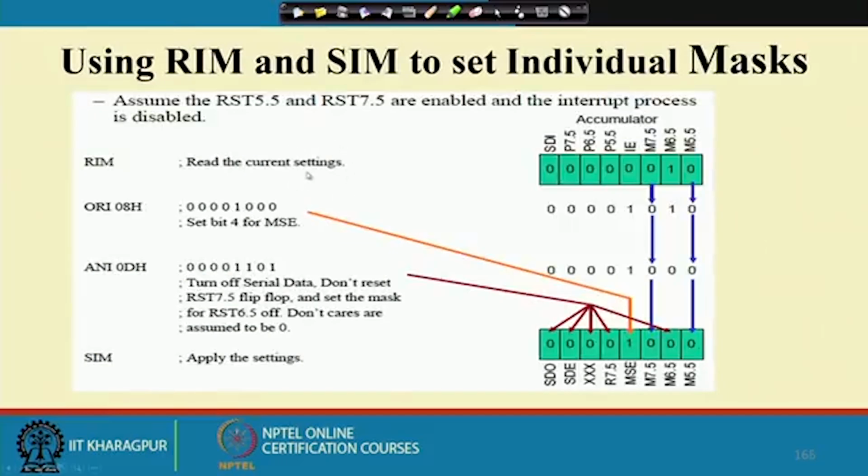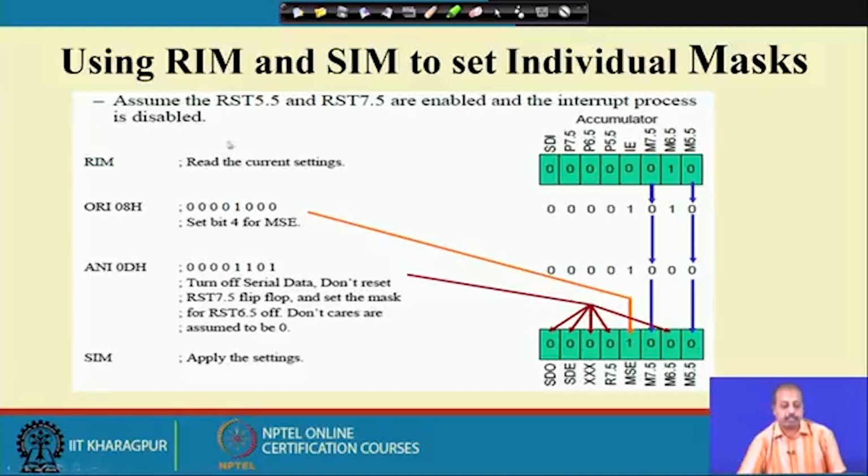Suppose the current setting is that RST 5.5 and 7.5 are enabled and the interrupt process is disabled. If you execute a RIM instruction, you will get a bit pattern like this, because 5.5 and 7.5 are enabled, 6.5 is disabled now, and interrupt enable is disabled.